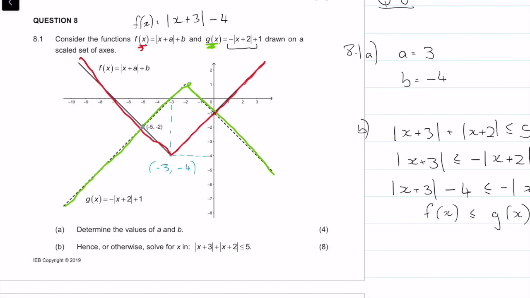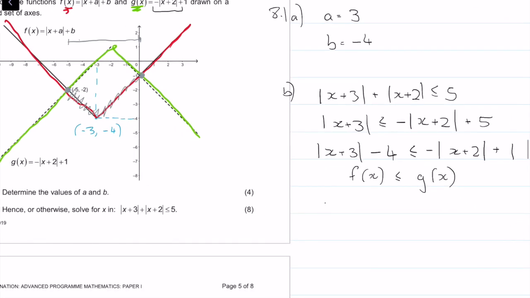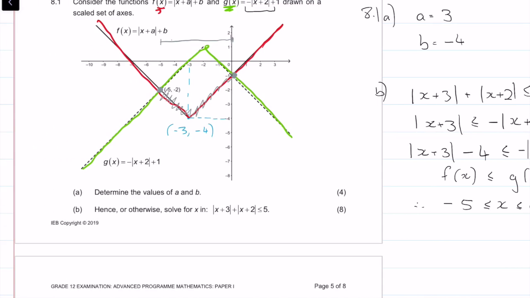This is the intercept, and this is the intercept, and we're looking at where f of x is less, so this part of the graph right here. It's all the way from 0 to minus 5, including those points. So what we're looking for is between minus 5 and 0. Between that is where we solve for x.